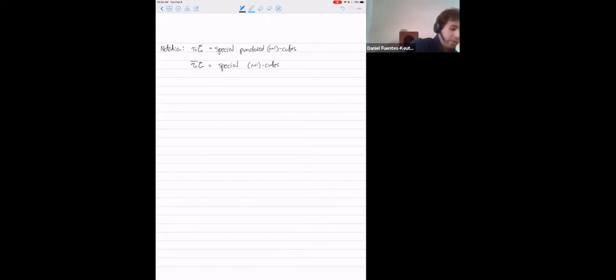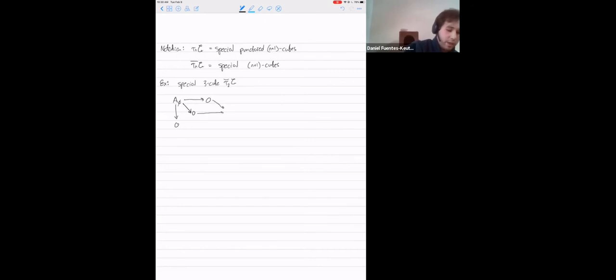So for examples of what I mean by these cubical diagrams, if I take a special 3 cube, which lives in T2 bar of C, this looks like the following. I have some object. I extend it by zeros. So that was condition 1. All these cardinality 1 vertices are zeros.